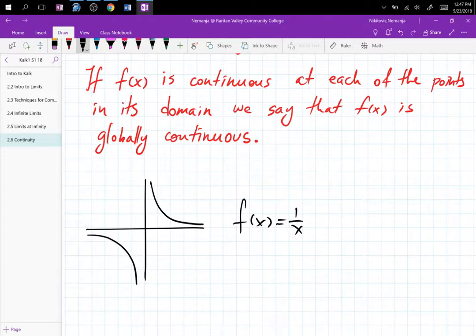We know, because we look at it and see, there is a vertical asymptote at x equals 0. That immediately means that 1 over x is discontinuous.